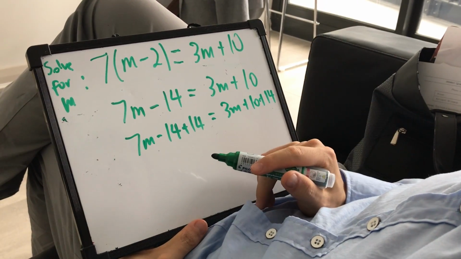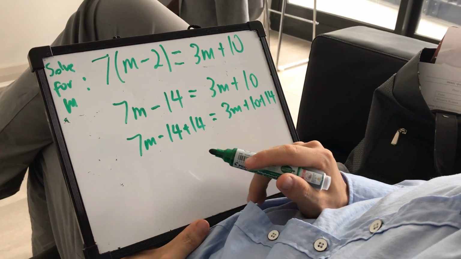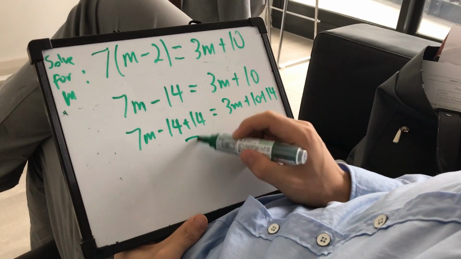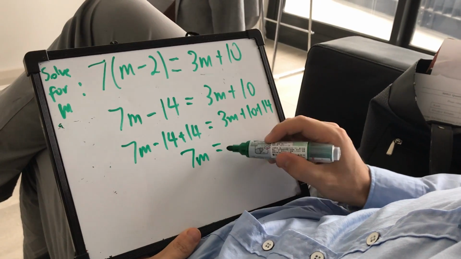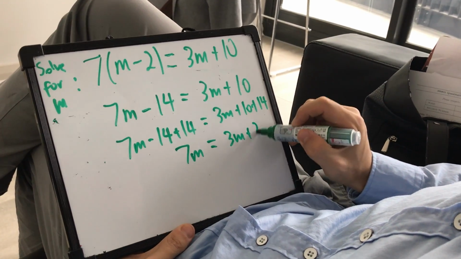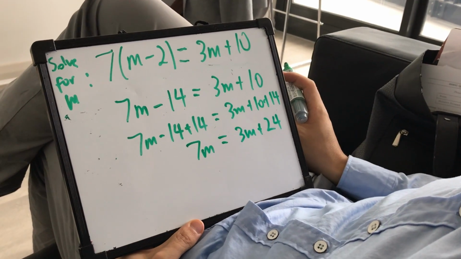So 7m minus 14 plus 14 is just 7m. 3m plus 10 plus 14 is 3m plus 24.